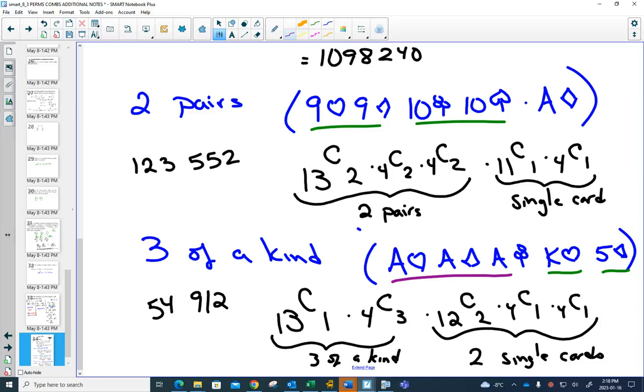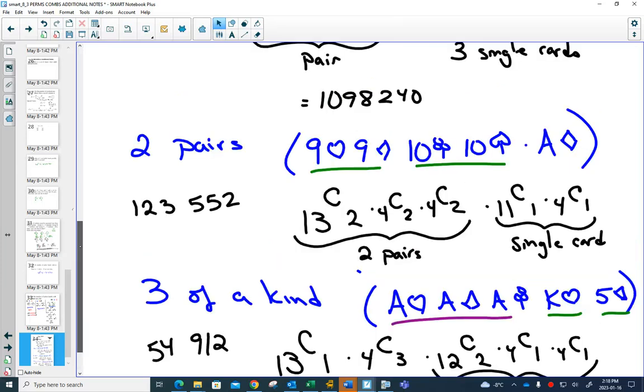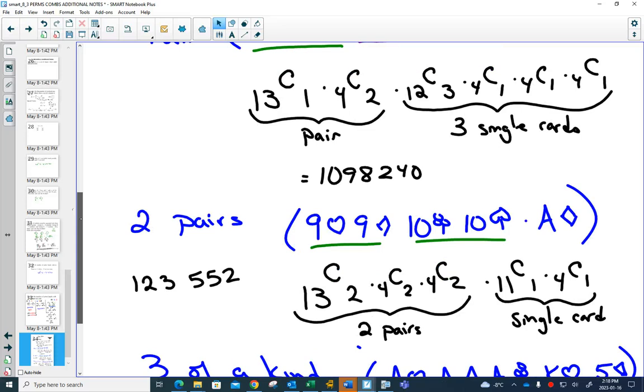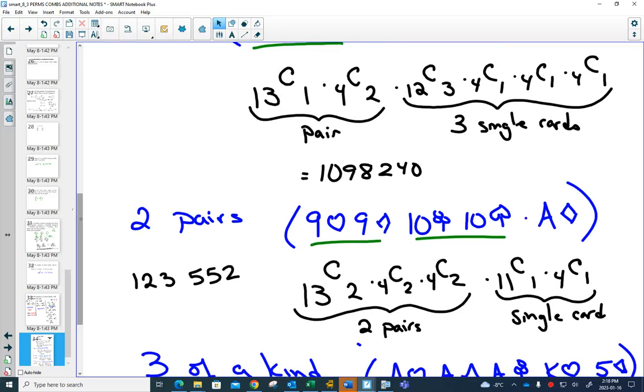Okay. There are less 3 of a kinds than there are 2 pairs. And compared to a single pair, 2 pairs is significantly better. It's like almost 10 times better.